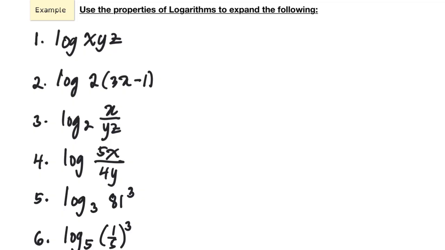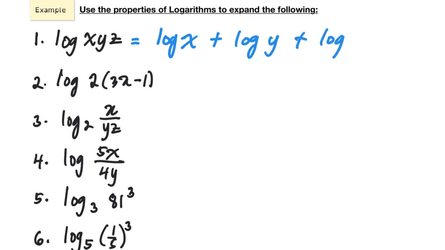Use the properties of logarithms to expand the following. In here we have the logarithm of xyz. It means we're going to expand this one. So it's going to be the logarithm of x plus the logarithm of y, and then plus the logarithm of z. So that's going to be your answer. Next, the logarithm of 2 times 3x minus 1.